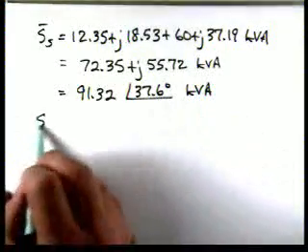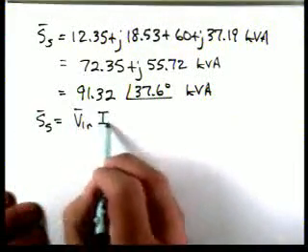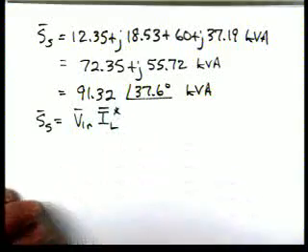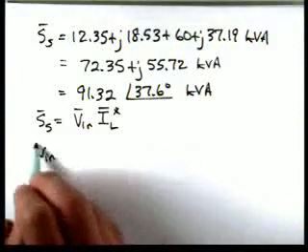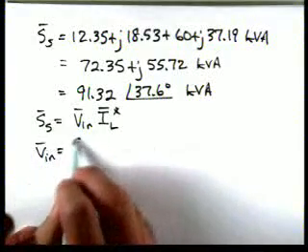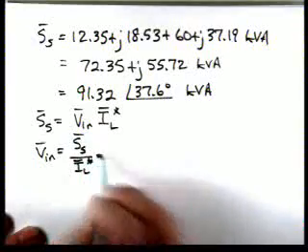Now, the complex power supplied by the source is V_in I_L conjugate. So if we solve this for V_in, we can see it's S_S divided by I_L conjugate.